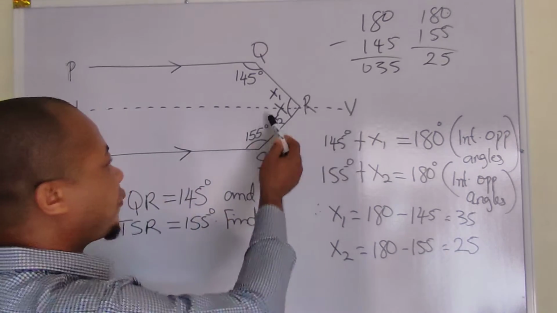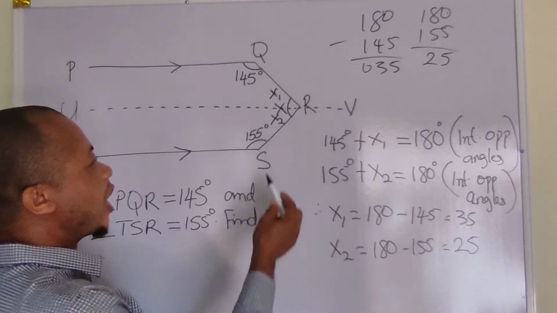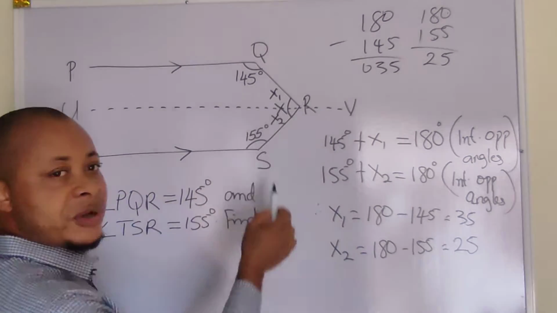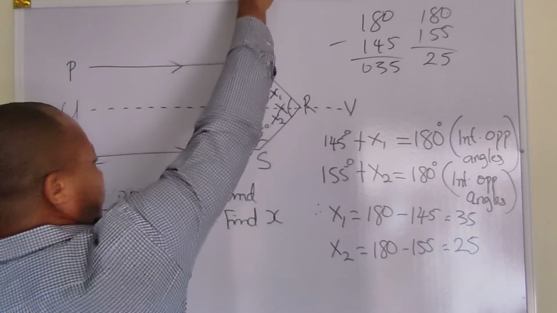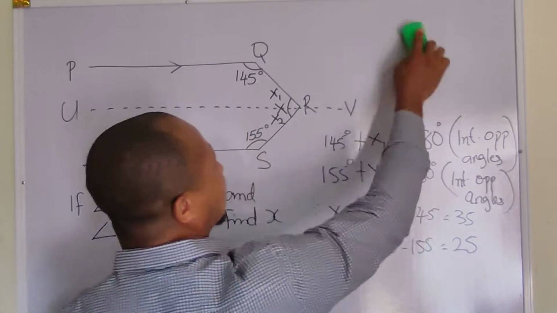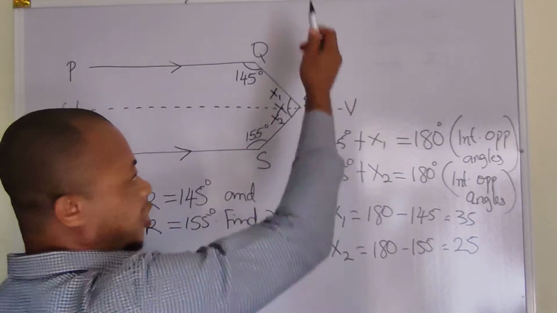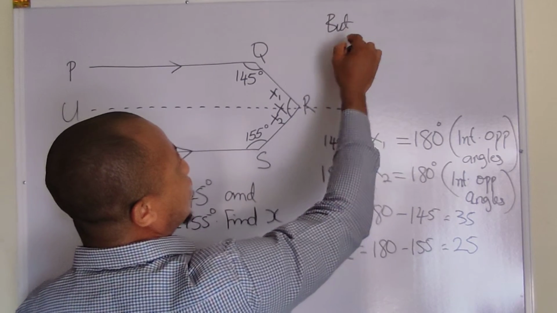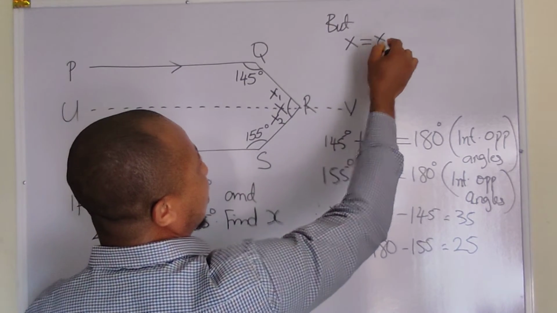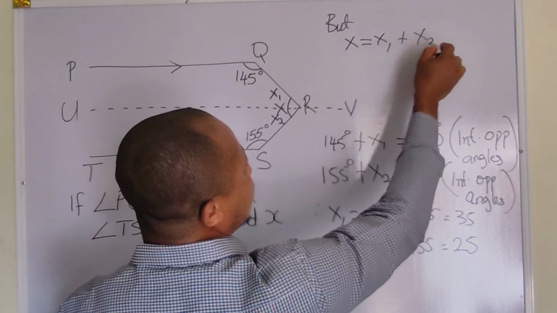Therefore, what is the value of x? So from here, you know that x1 plus x2 will give you the value of x. So you can come up here and continue. You can say but x equals x1 plus x2.